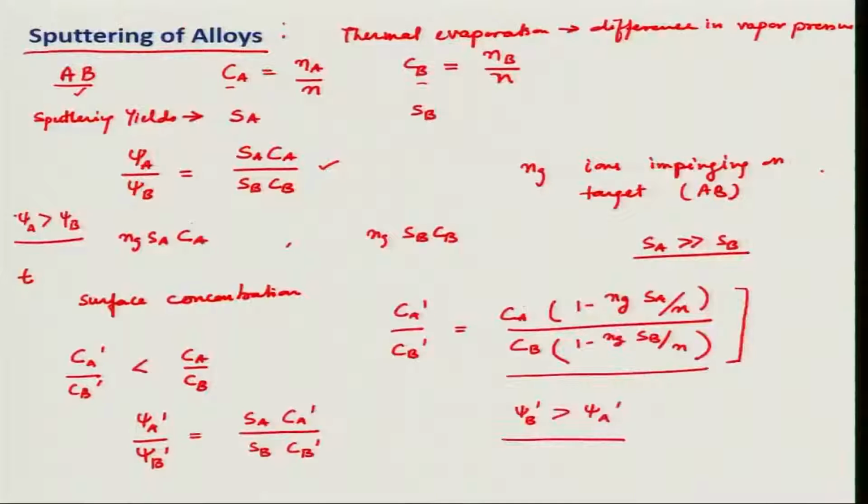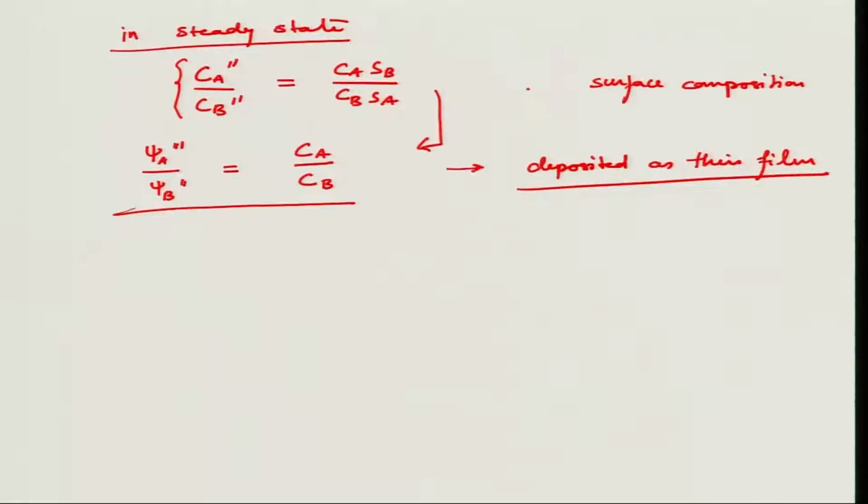which was our goal to start with. Remember, our target was this Ca and Cb, and we wanted to deposit the film of the same ratio Ca over Cb, and we have achieved that. Okay, but my surface composition is different. Surface composition, not the target composition.